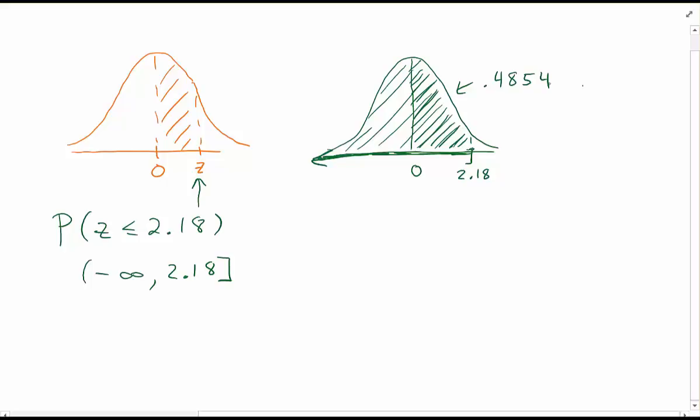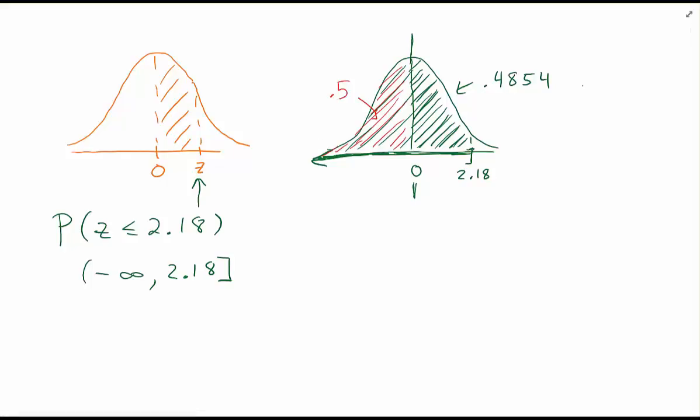Well, that's not all. I've got to get the piece to the left of that. But notice that the table goes from 0 out to z. 0 cuts this distribution in half. Each side is a mirror image of the other. The probability or area under the entire curve is 1. So the area to the left of that line, in other words, this whole shaded area, must be 0.5.